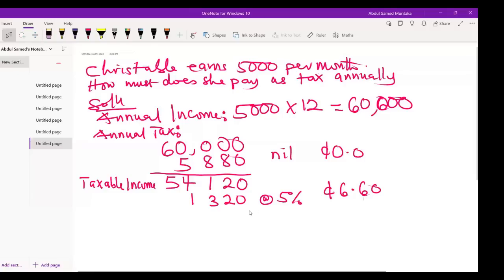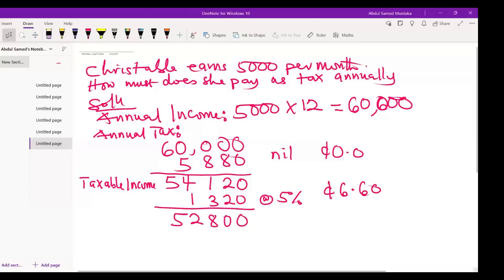Then you subtract what she has paid tax on from the total. Her money is now left with 52,800.